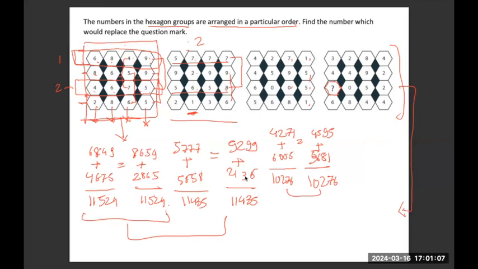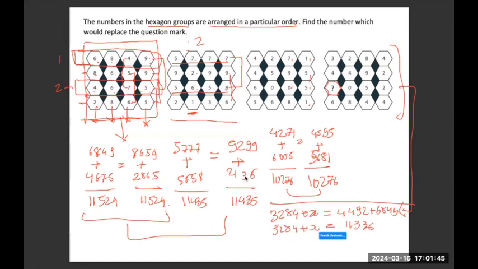Here I will write it as a linear equation. 3284 plus x, I want to find what x is, is equal to 4492 plus 6824. So this will equal 11336.